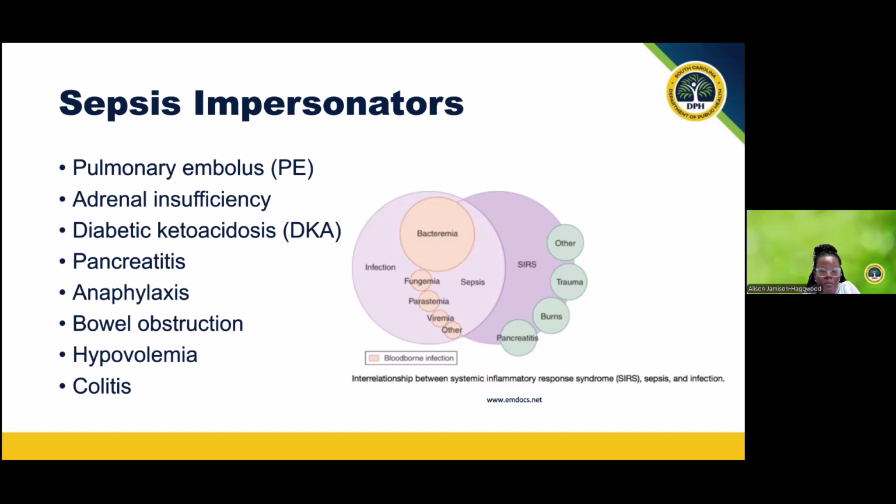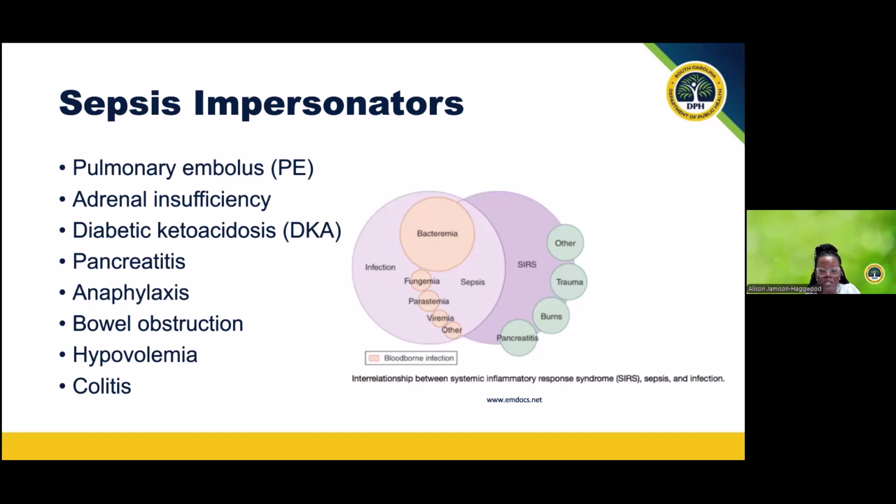All of these clinical conditions do produce symptoms and signs that meet the SIRS criteria. So some of these conditions, the person may develop fever, they may have elevated WBCs, they may have difficulty breathing, decreased distal perfusion or low urine output, they may become confused, or they may have organ dysfunction.